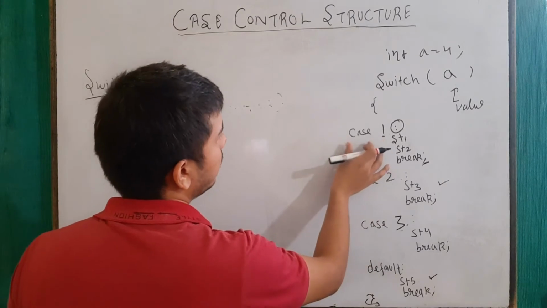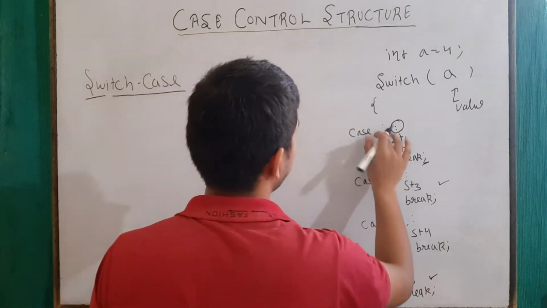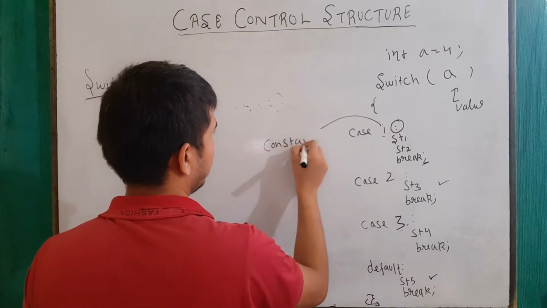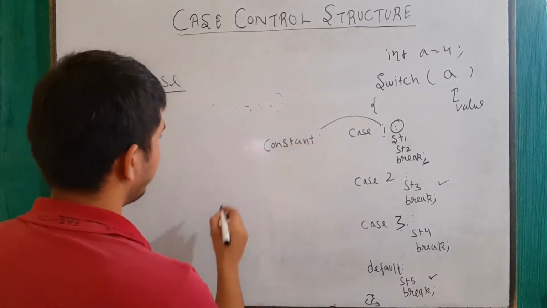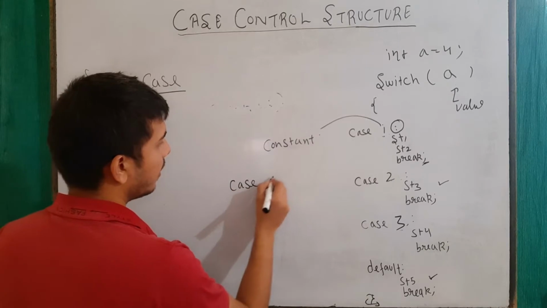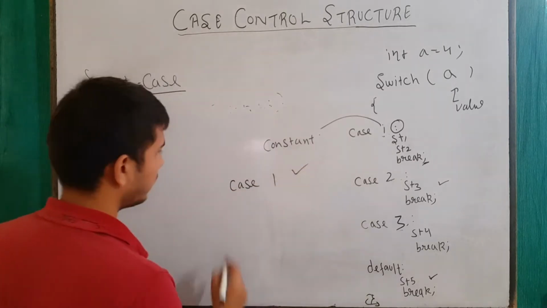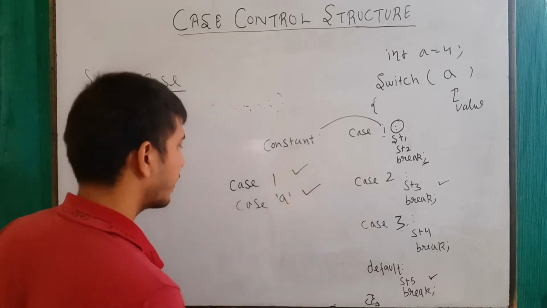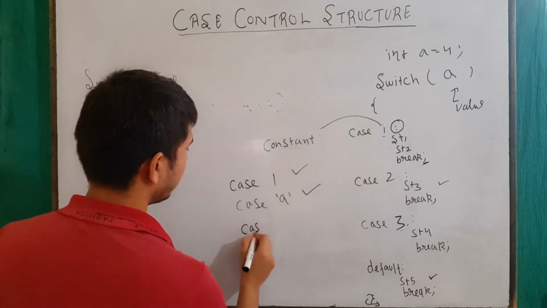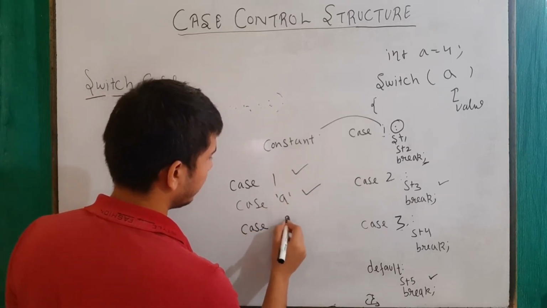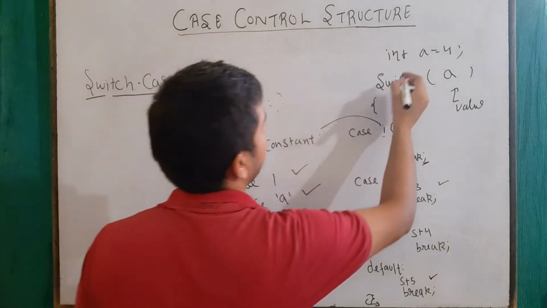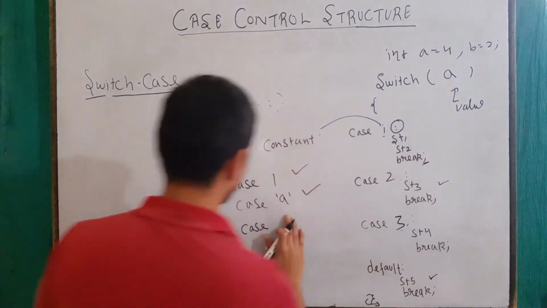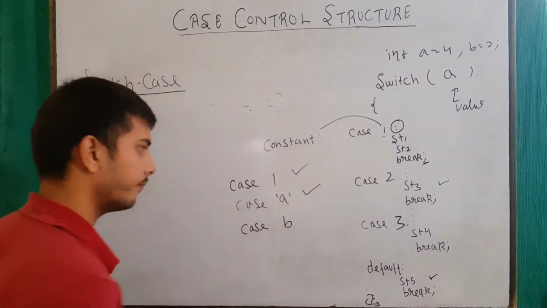But when the values are written with cases, here it should be a constant. For example, case 1 I can write here, but if I try to write case a, where a is a normal variable, or let's say there is another variable b equals 2, then I cannot write case b.